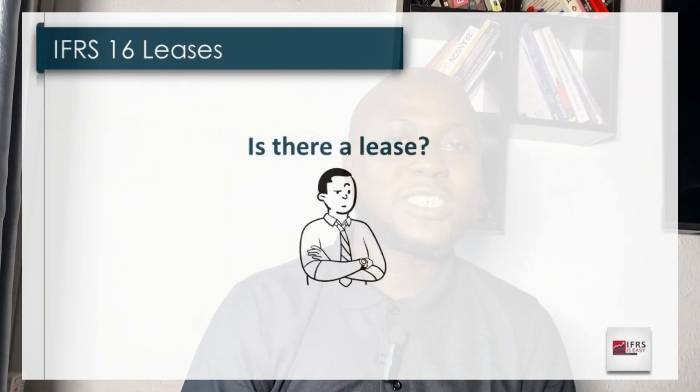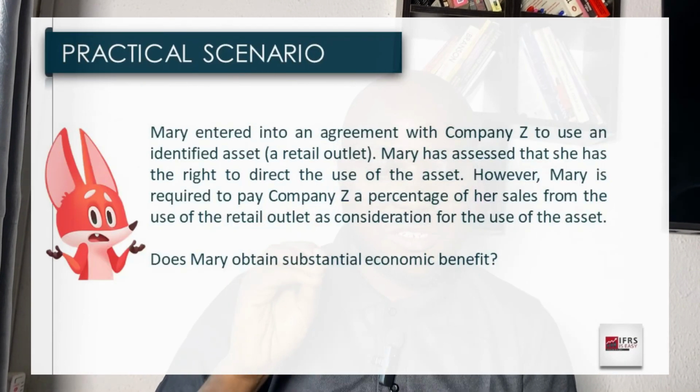The major question is, does Mary derive substantial economic benefit from the use of that asset for the period of use and for all the portion of cash flows that relates to Mary? If you look at it, it says here that Mary actually receives all the cash flows from the asset, but after receiving it, Mary pays a particular percentage of cash flows to the supplier.